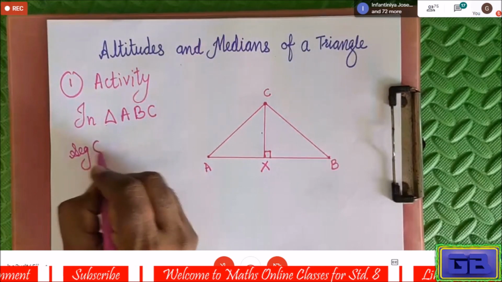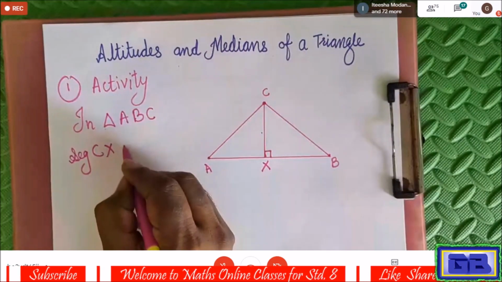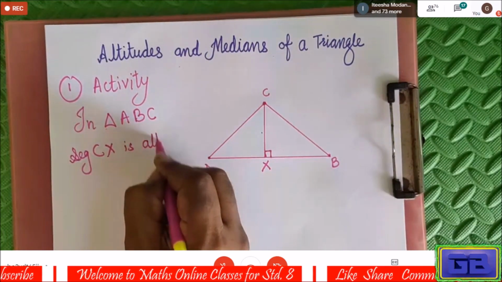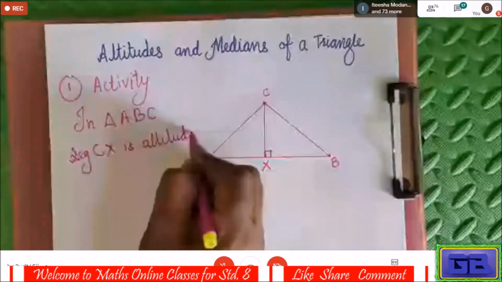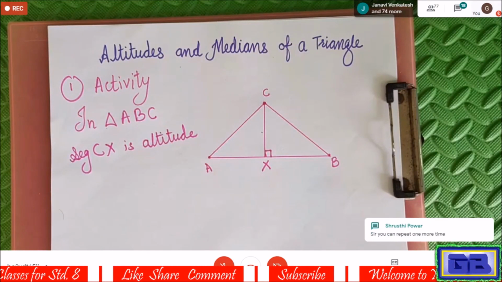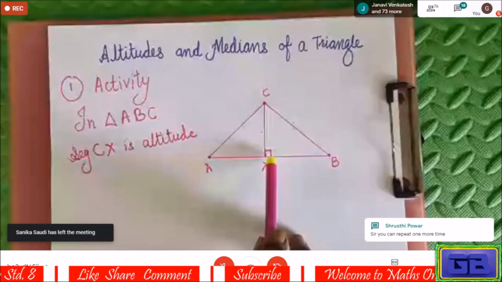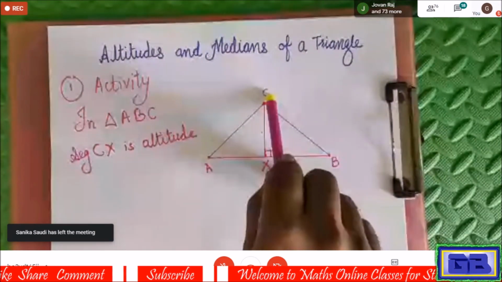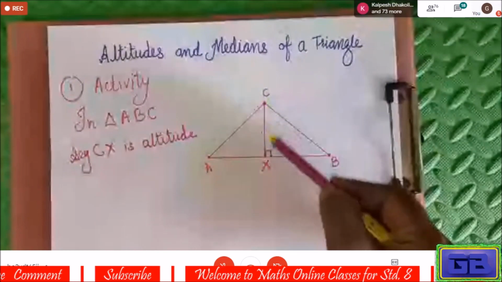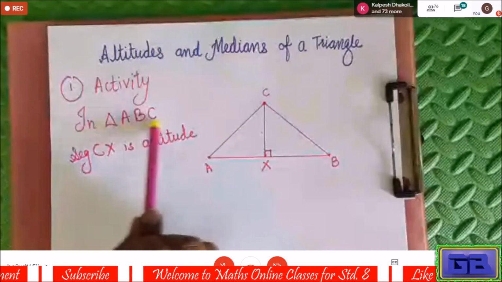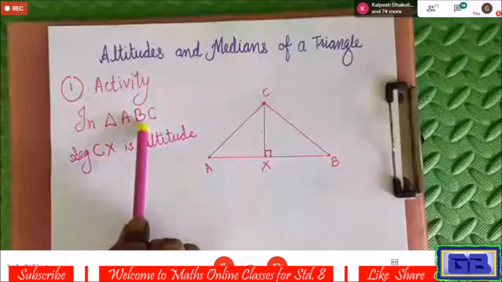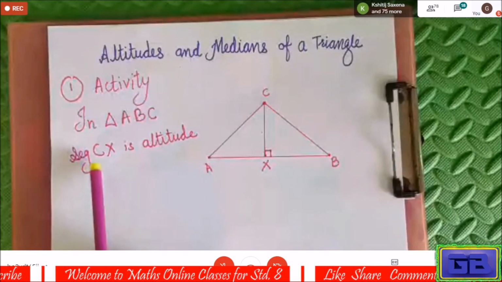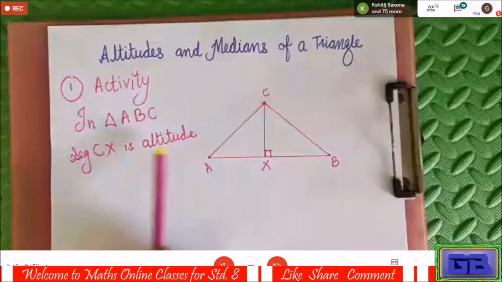Seg CX is altitude. Draw the segment. First you draw the triangle, then the perpendicular segment CX, and write down this: in triangle ABC, segment CX is altitude.